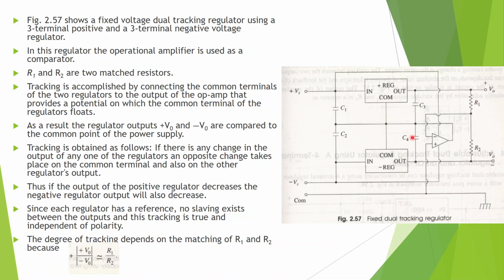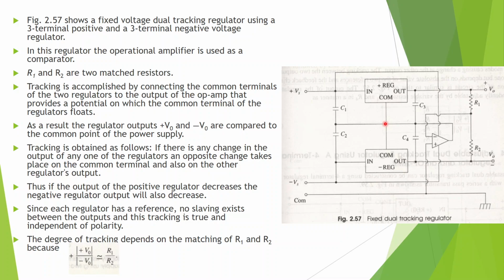If there is any change in the output of any one of the regulators, an opposite change takes place on the common terminal, which also affects the change at the other regulator's output. So if the output of the positive regulator decreases, the negative regulator output will also decrease. Each regulator will have its own reference, so no slaving would occur; each one would be independent.